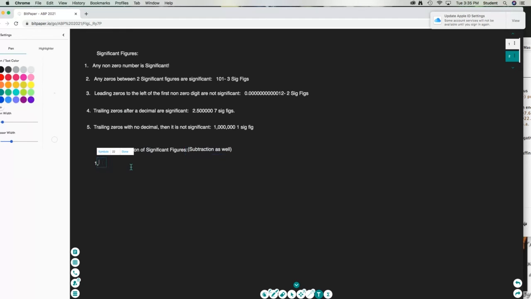So what you do is you look at the sig figs and you count, and your answer will have the smallest, and what you do is you use your rounding rules.